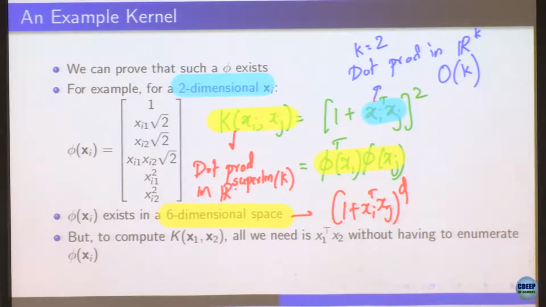So how quick is the computation 1 plus xi transpose xj raised to d? It's basically order k only, right? I mean order k plus some cost involving the exponent, raising it to power d.